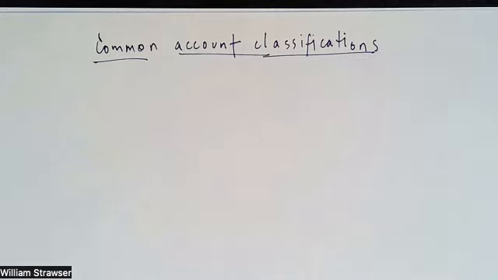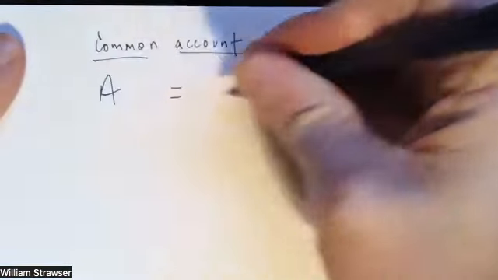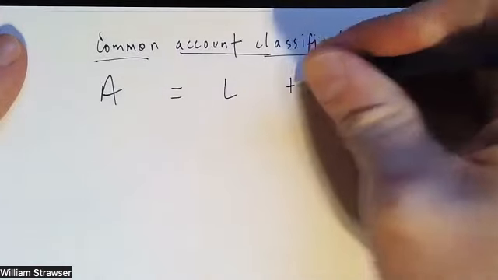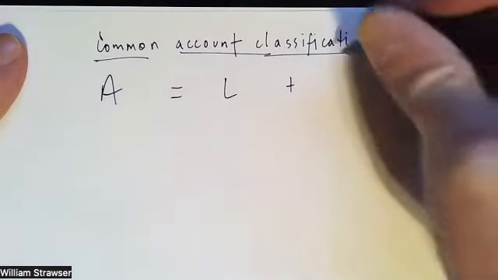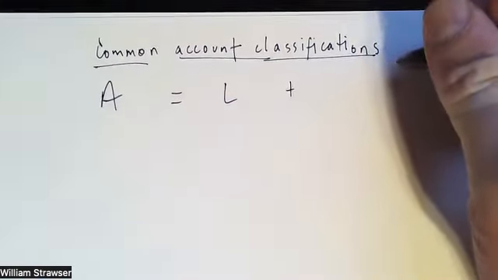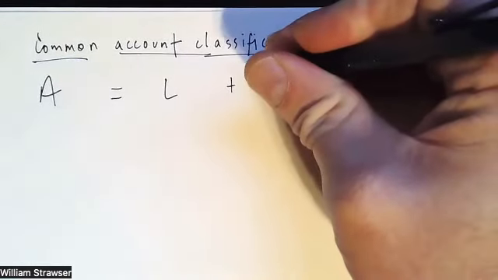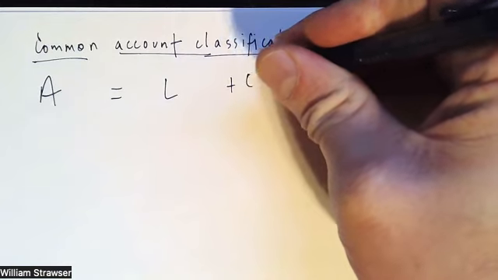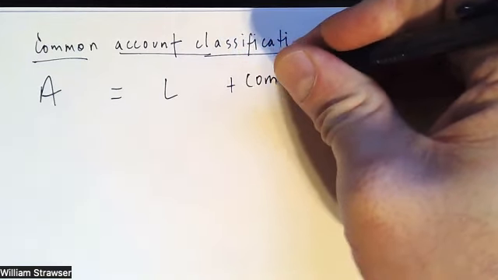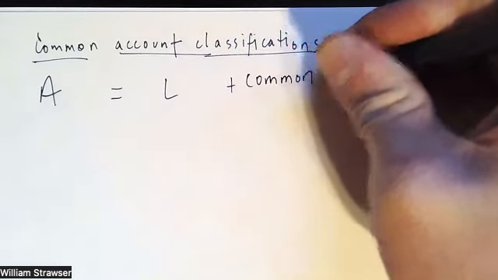Anyway, the common account classifications come from assets equal liabilities plus equity. And I'm going to go ahead and separate equity into its two basic forms, which are the common stock portion, or the portion that is directly invested to us.